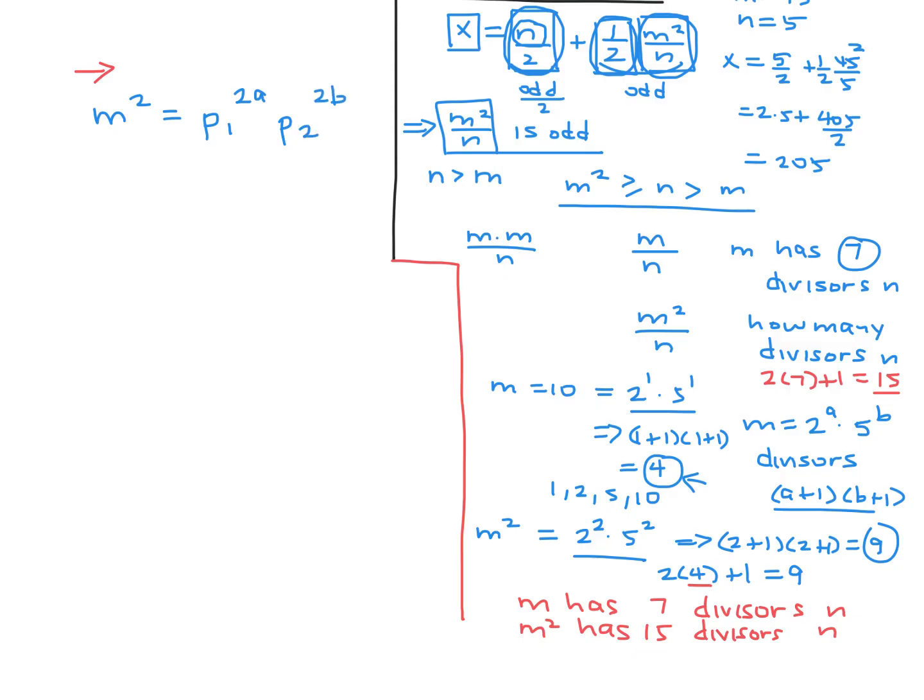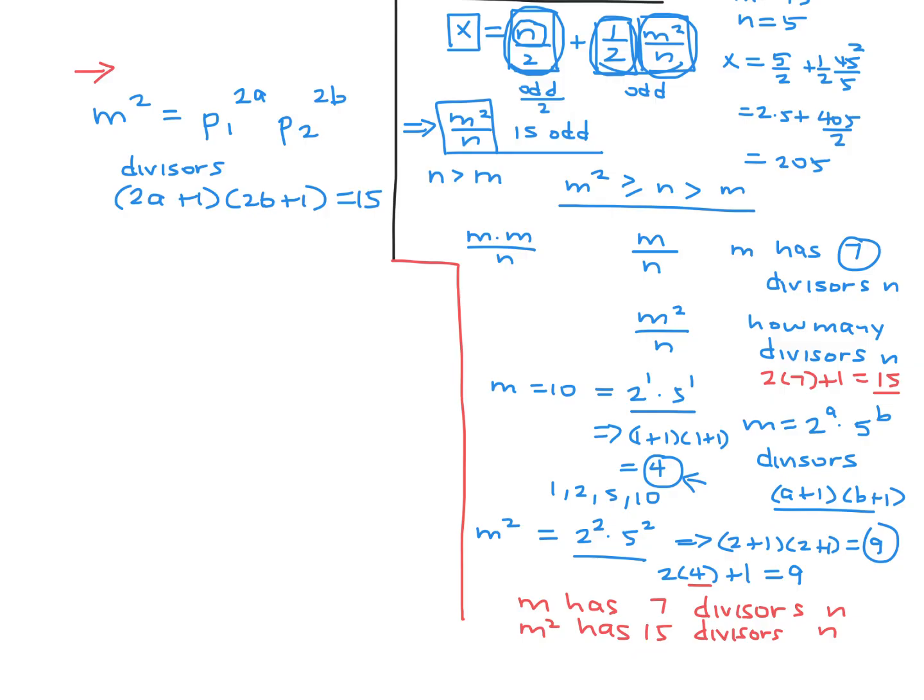And I'm confident that there are only 2 prime numbers, because if there were 3, then the number would be much greater than 15. For example, here the number of divisors would be 2a plus 1 times 2b plus 1, and that has to equal 15. Got it.